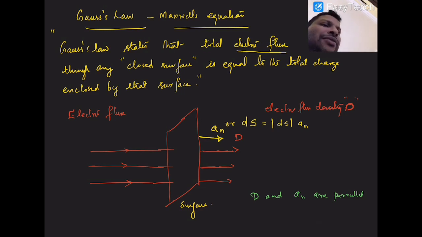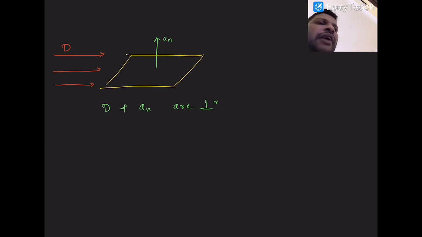If it is parallel, all the flux will be going through this surface. In this case, no flux will be passing through the surface. So I can define something known as D dot ds. This term will give you how much electric flux is going through a small area ds.